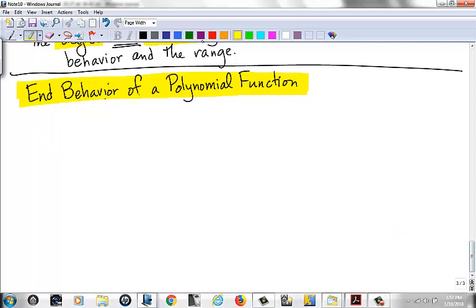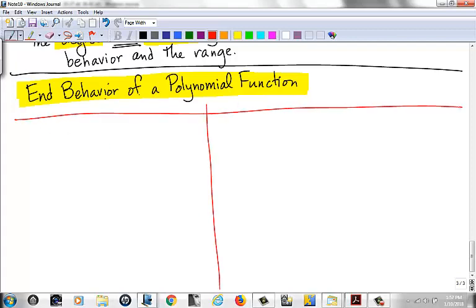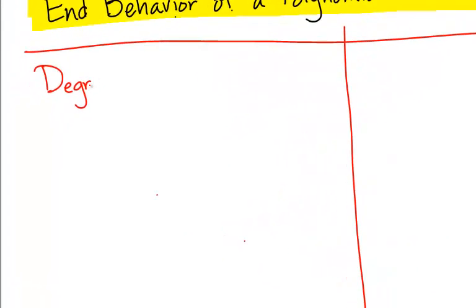We're going to separate this into 4 boxes. Okay, this one, if the degree is even. So that means if your degree is like 2, 4, 6, 8, if your degree is even and the leading coefficient is positive.